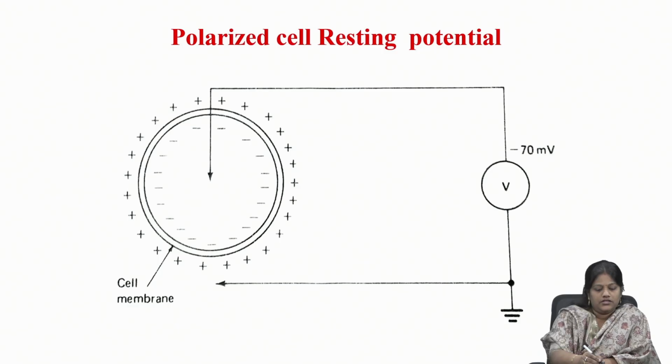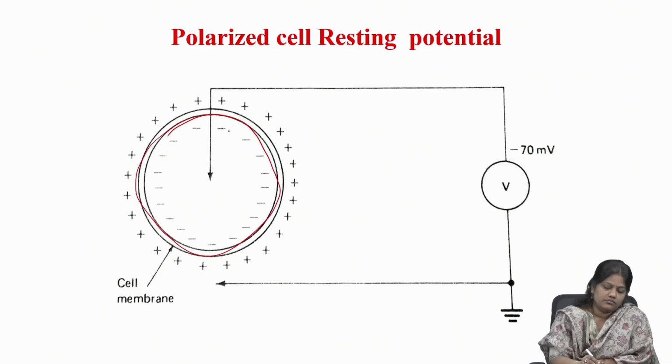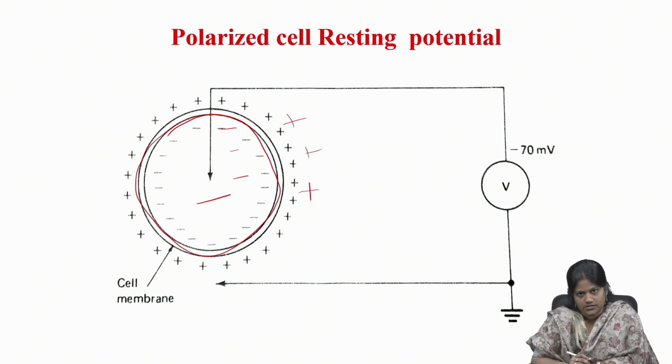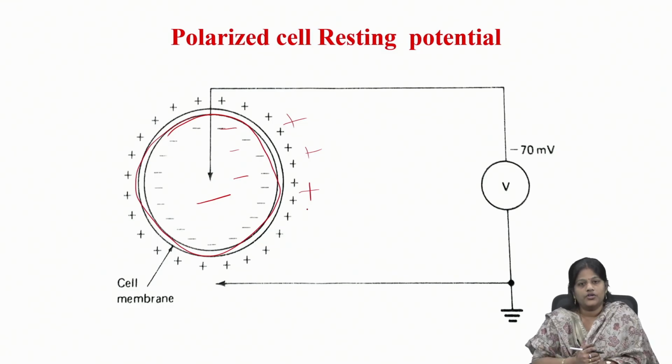Let us take this entire thing as a cell. Inside, negative ions are present, and outside, positive ions. Here, negative represents chloride and positive represents sodium and potassium ions.